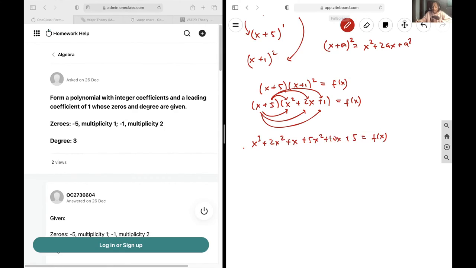And then we just bring our like terms together. So we have x cubed, 2x squared plus 5x squared, that's going to give us 7x squared. 10x plus x is going to give us 11x plus 5 is equal to f of x. And that is going to be our final answer.